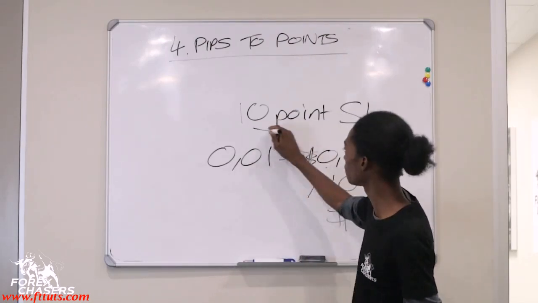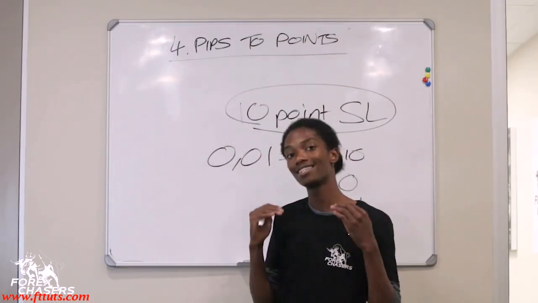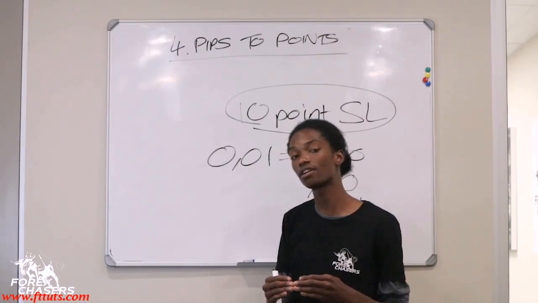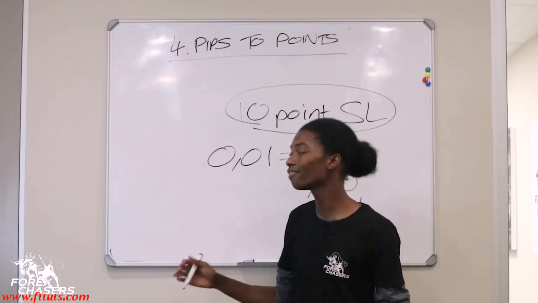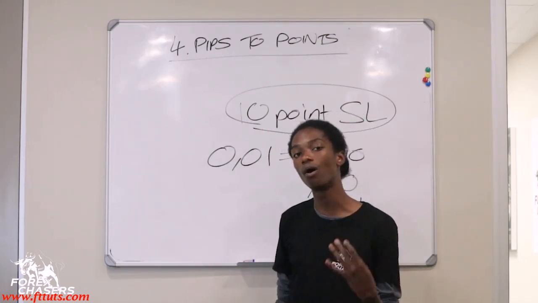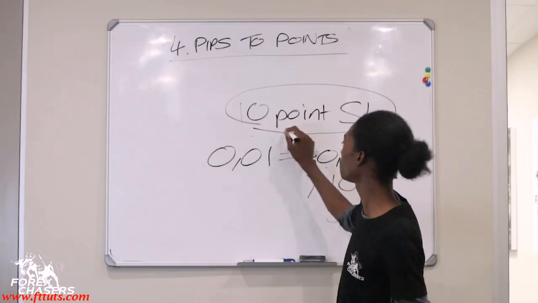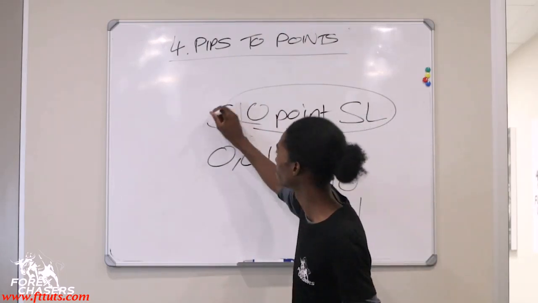So for this 10-point stop loss, if every pip would be worth 10 cents on currencies, every point on our indices would be worth $1. So with this 10-point SL, what we would be risking is essentially $10.